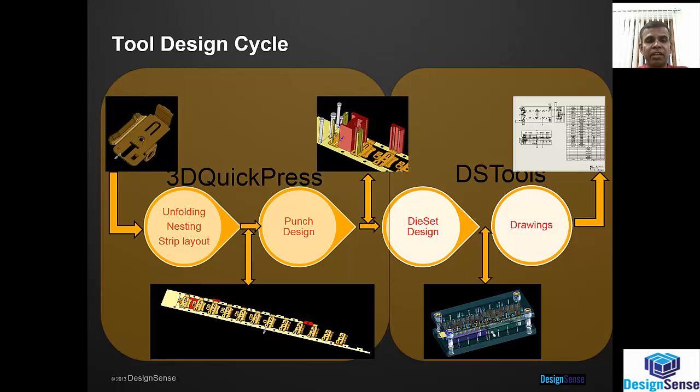For example, if the length of the die set becomes large, then the bending forces become very high. So at that point you have to choose to split the die set into two. So these are choices that a die set designer makes to make sure that the die set can withstand the kind of forces as well as stay within the accuracy that is expected. This is one type of complexity that a tool designer faces.